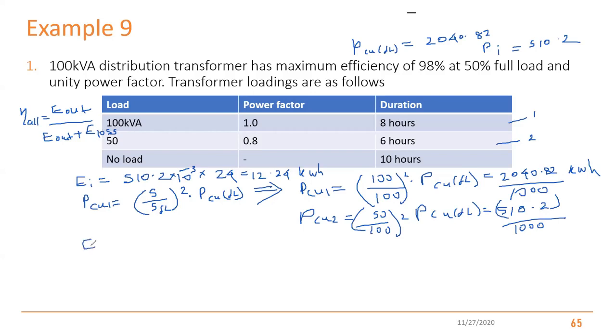So the total energy loss can be calculated as E copper is 2040 times 10 to the minus 3 times the number of hours, 8, plus 510.2 times 10 to the minus 3 times 6 hours. This is the total copper loss, or copper energy loss.